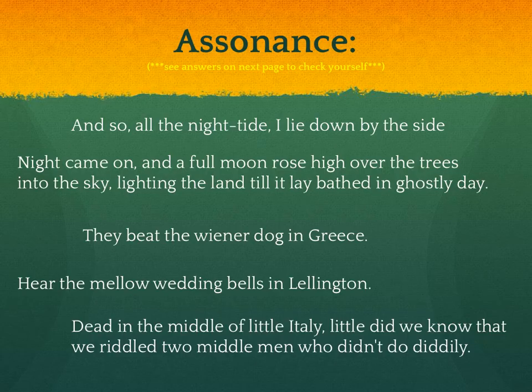So the next poetic device that we're going to talk about is called assonance. So assonance is when you have, well, let's see if we can figure it out here. See if you can catch what assonance is. It says in the first line, "and so all the night tide I lie down by the side." Do you hear something that is repeating our pattern in there?